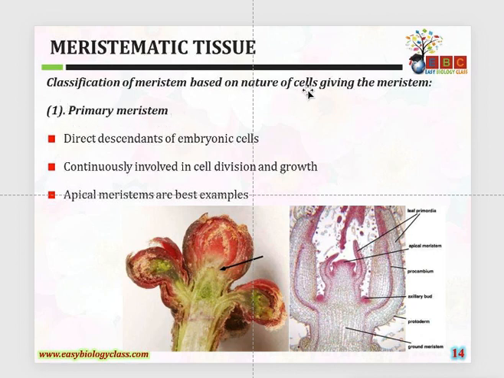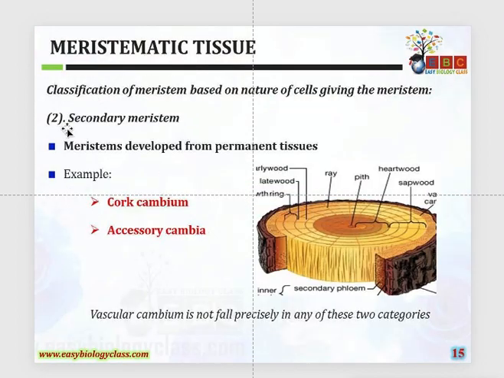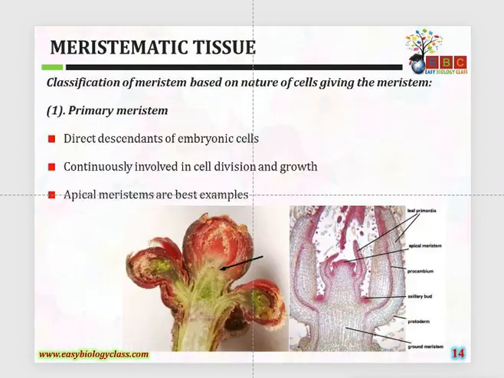Based upon the nature of the cells, you have a primary meristem and a secondary meristem. What are primary meristems? Primary meristems are cells that directly develop from the embryonic cells. Embryonic cells are cells that are found inside the seed. When the seed is growing, you have the embryo inside the seeds.